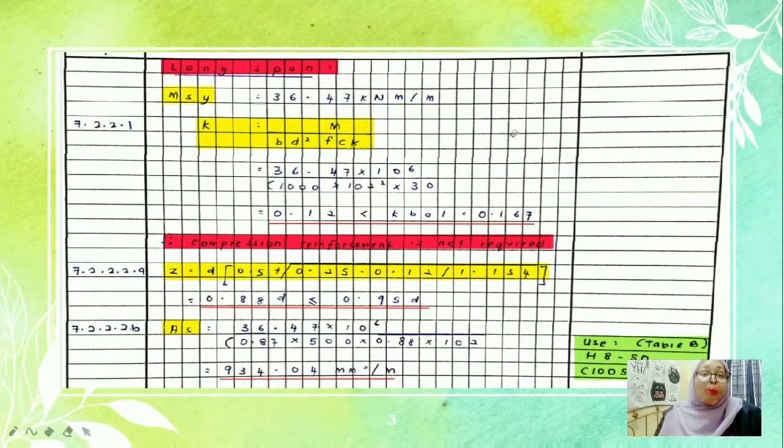So we also can assume that compression reinforcement is not required. Then for Z, we got 0.88d, which is less than 0.95d, and the area of steel in this long span we got 934.04 mm square per meter. So we also can assume that we will use H10-50, where the area is 1005 mm square per meter.